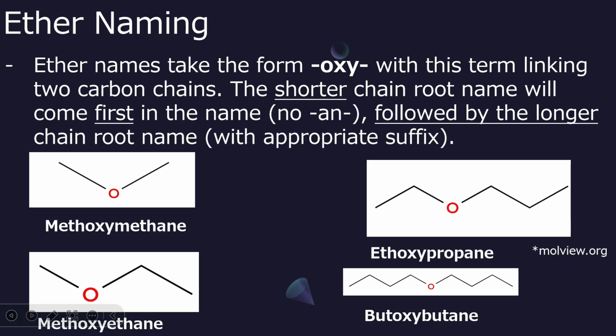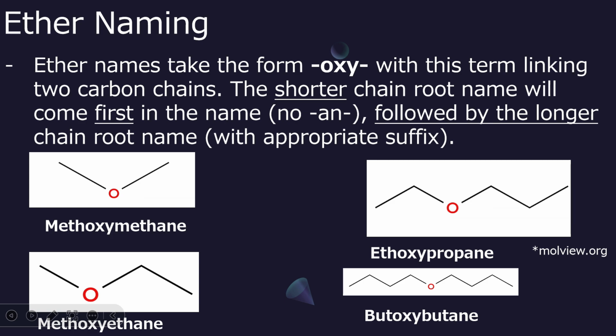That will be followed by the longer chain root name with the appropriate suffix. Usually it's just ane for alkanes. In all the examples I have here, they're just alkanes. So here's some examples. Methoxymethane, both are the same, both are meth. So the first one doesn't have the AN, but the last one has the appropriate suffix for alkanes, ANE. Methoxymethane, under that we have methoxyethane.